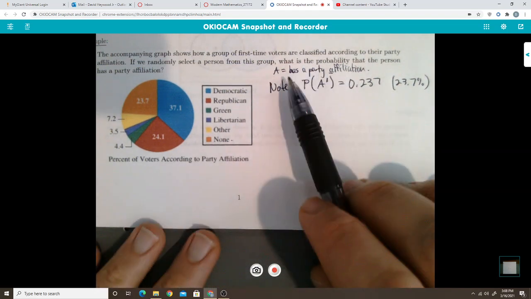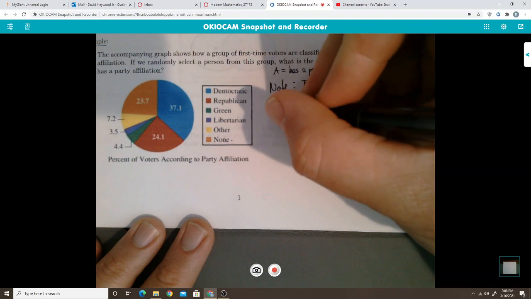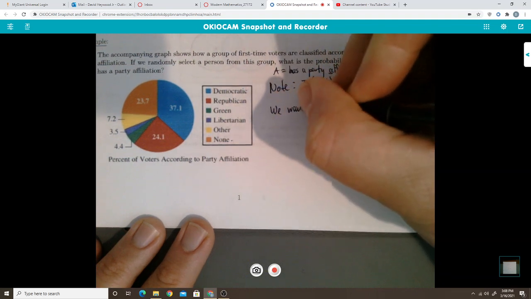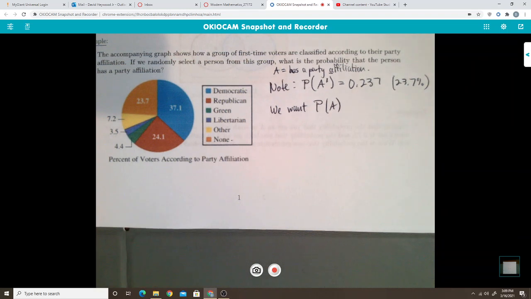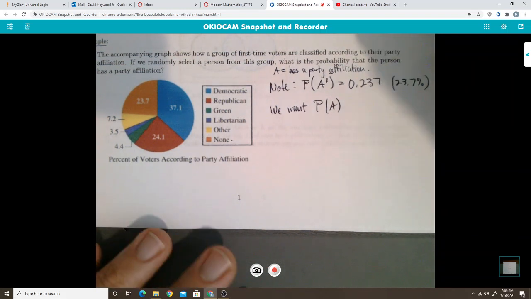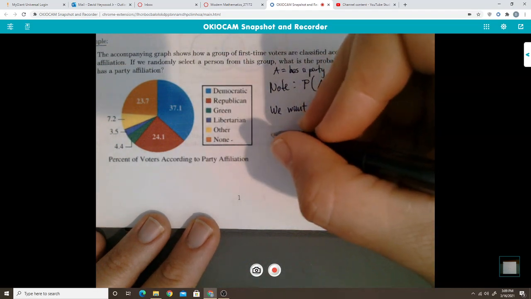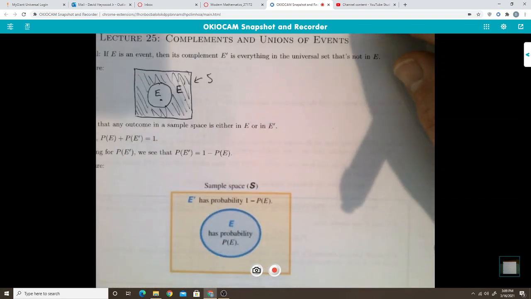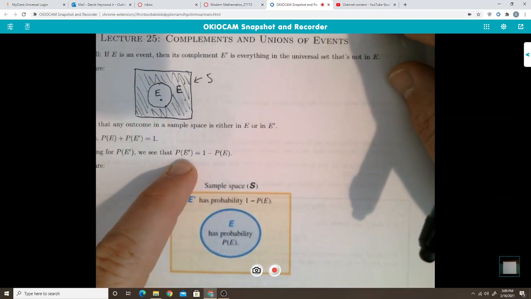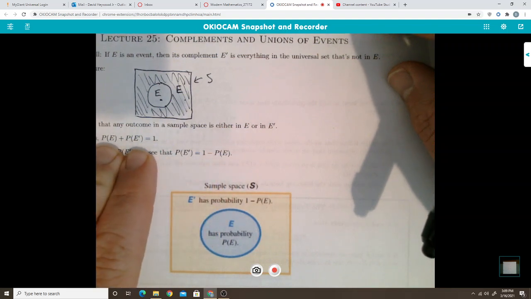We're being asked, what's the probability that the person has a party affiliation? So we want the probability that they have a party affiliation. We want P of A, not P of A complement. Well, according to the complement rule, actually, what the complement rule says is that the probability of A complement is 1 minus the probability of A. But it came from this statement, right?